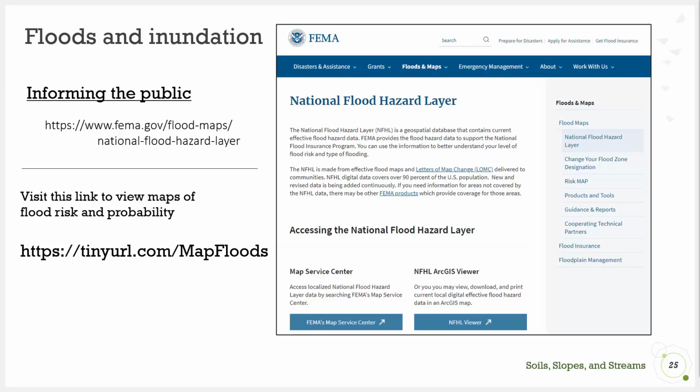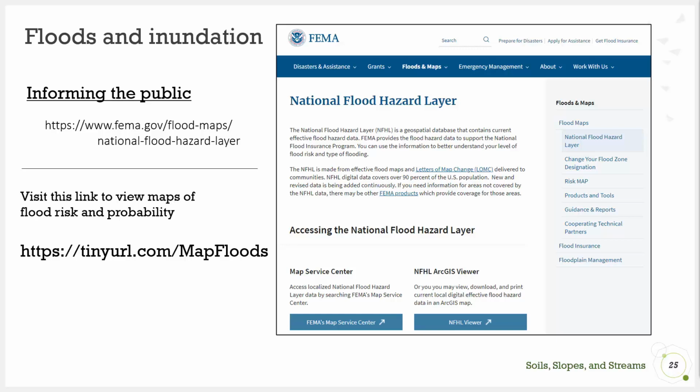Publicly available flood maps are federally required and available at a lot of different levels. Some counties and states have their own online map viewers that are easier to use and navigate to learn about flood risk in their region. I've provided a link to a viewer from the Federal Emergency Management Agency, FEMA, who oversees the federal regulations for flood insurance and flood mapping.